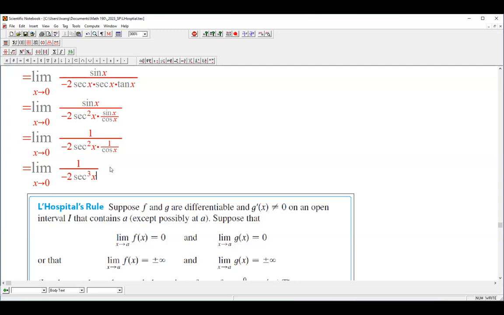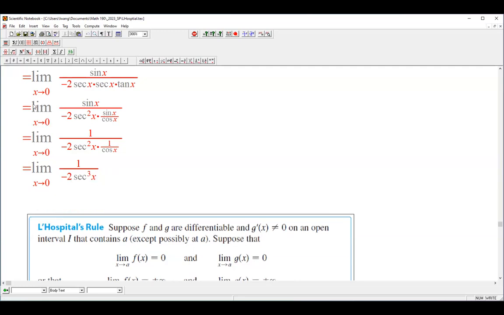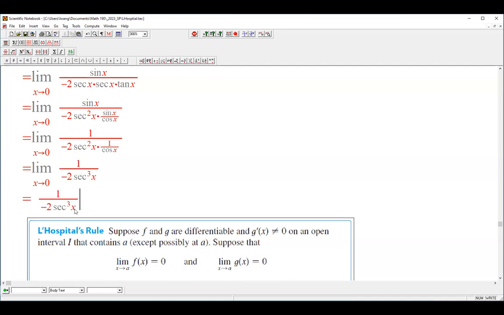And when x is approaching 0, the denominator is approaching not 0, so we cannot use L'Hopital rule. The numerator is 1. So it's a direct substitution because this function is continuous at 0. So we simply replace x by 0. So in the end, we get -1/2.